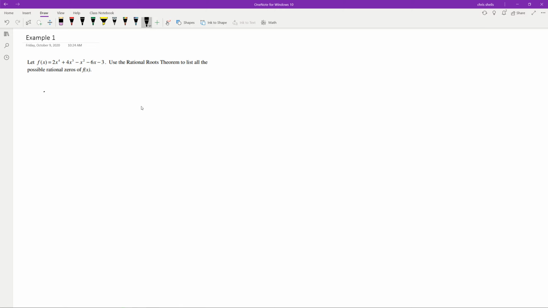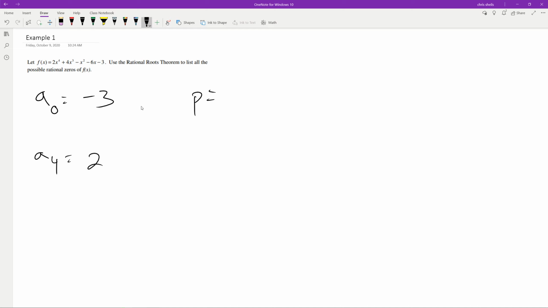So I need all of the possible factors of a naught, which is my constant at the end, right? This is negative 3. And I need all of the possible factors of what we can call a sub 4, which is 2. This is my leading coefficient. I need all possible factors of this constant and all possible factors of my leading coefficient.